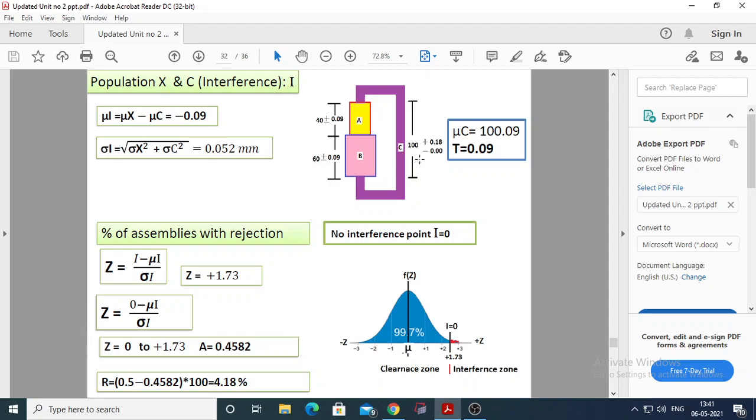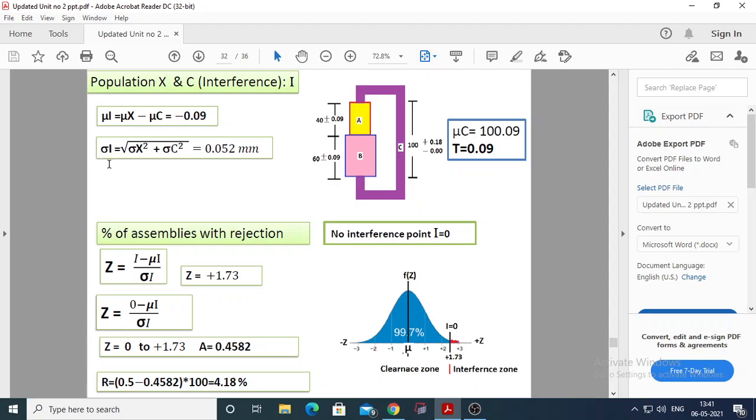Here 100 is given, plus 0.18, divided by 2. That's why you will get mu C is equal to 100.09. Put these two values, mu X and mu C, in that equation, and you will get minus 0.09.